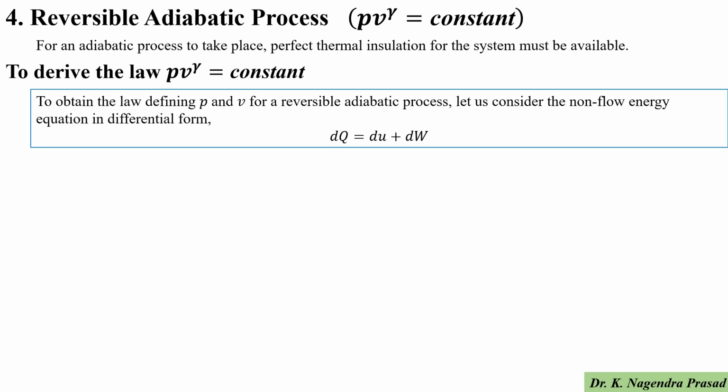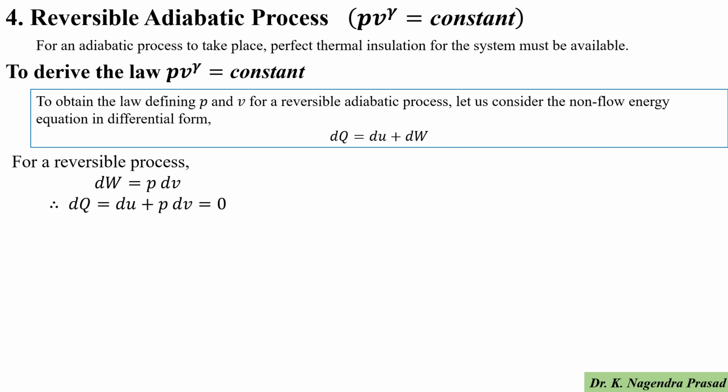To obtain the law defining P and V for the reversible adiabatic process, let us consider the non-flow energy equation in differential form, that is dq equal to du plus dw. For a reversible process, dw equal to P dV, then dq equal to 0, which is equal to du plus P dV.